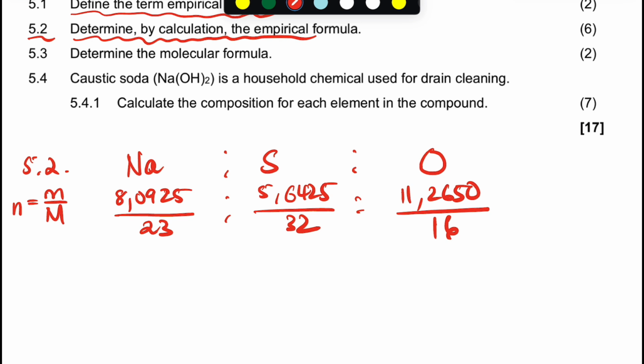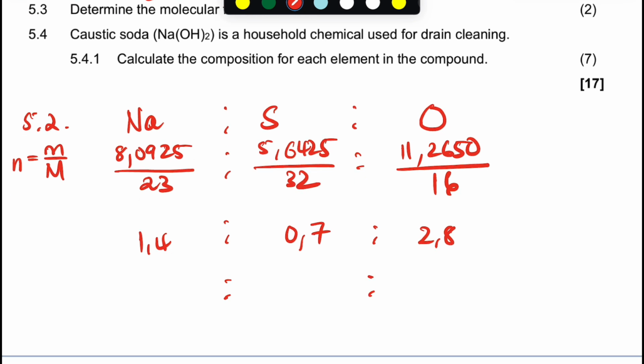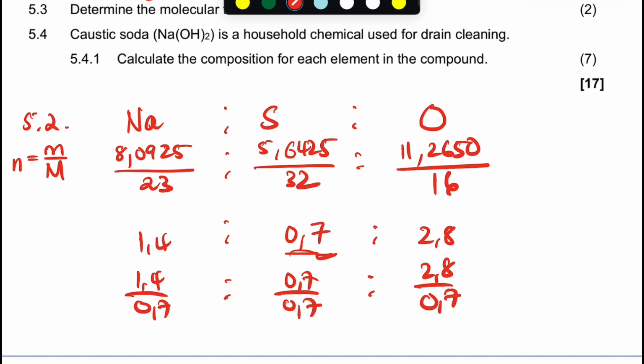It will give you 1.4, and it will give you 0.7, and it will give you 2.8 here. So you take the smallest number of moles here, which is 0.7, and you divide by it. So you say 1.4 divided by 0.7, and 0.7 divided by 0.7, and 2.8 divided by 0.7.